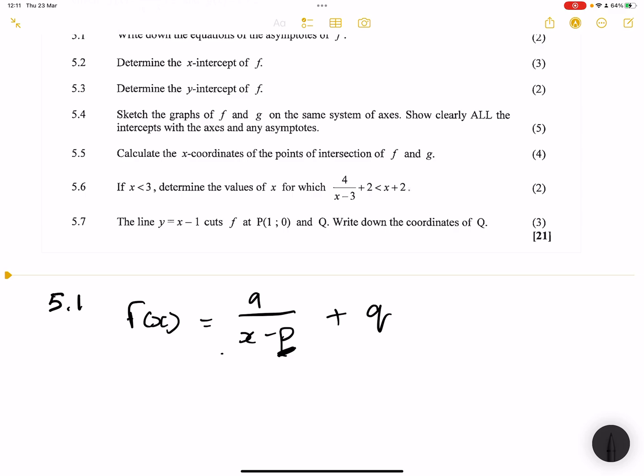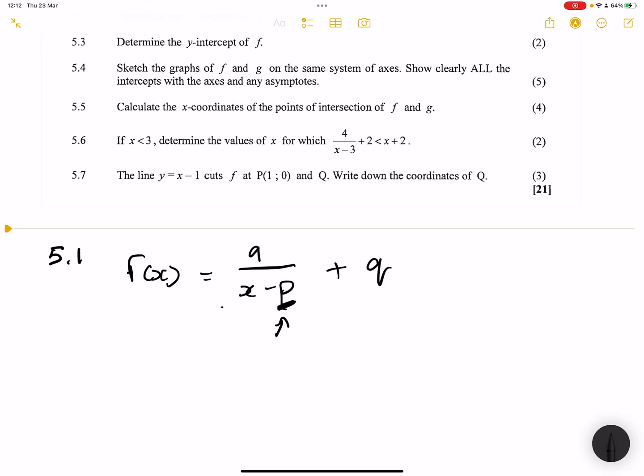So your vertical asymptote would be x is equal to p. Note that it changes sign when you write it as an equation. Meaning that your horizontal asymptote would be y is equal to q. So the p and the q values tell you about your asymptotes.